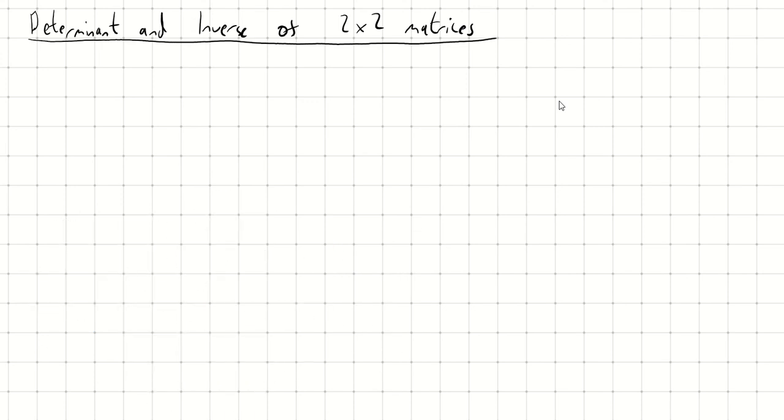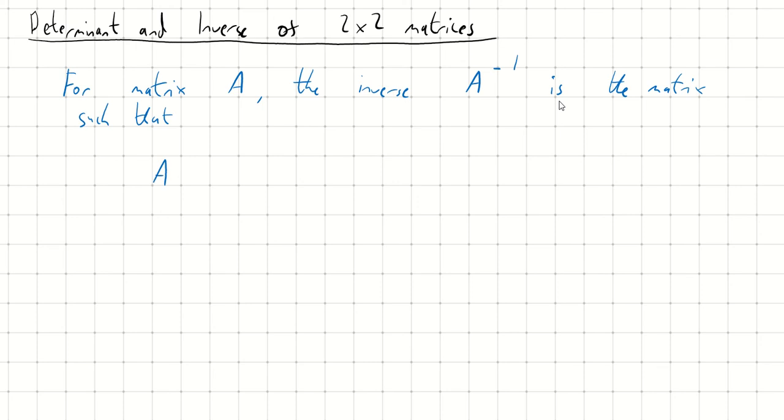So if you have a matrix A, the inverse, and we denote the inverse by A to the minus 1, is the matrix such that A multiplied by A to the minus 1 is the same as A to the minus 1 multiplied by A, and these are both equal to the identity matrix, which for 2 by 2 matrices looks like that.